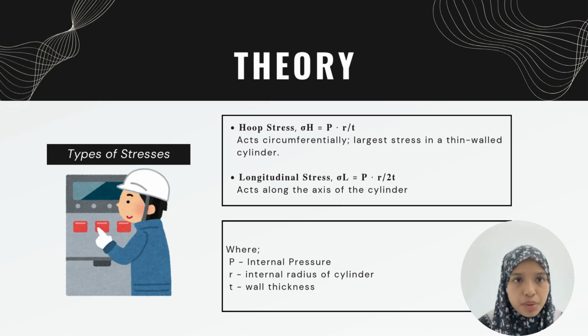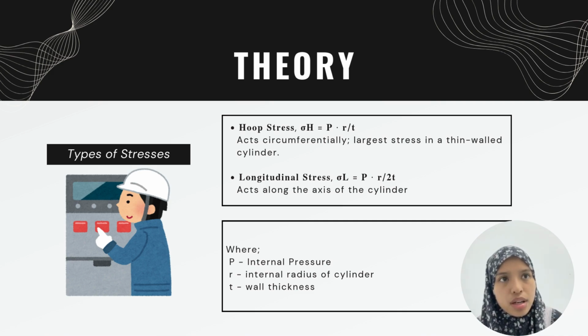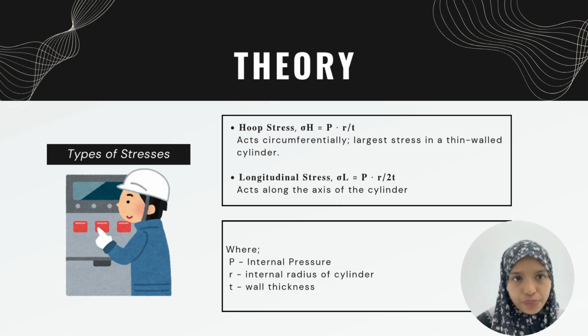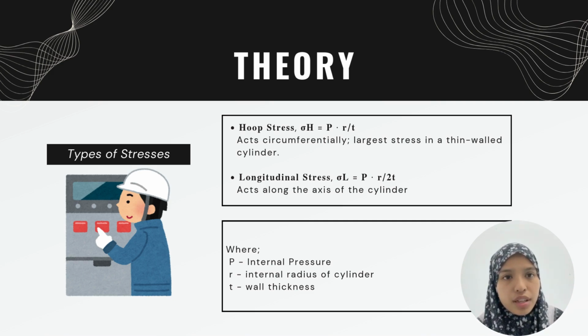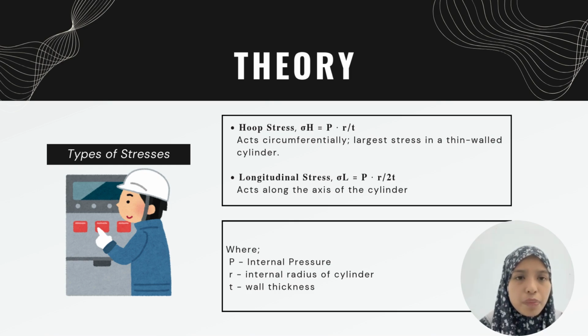For analysis purposes, it is assumed that the wall thickness is small compared to the diameter, with a ratio T/D less than 0.1. This enables the use of the plane stress assumption, where radial stress is considered negligible compared to hoop and longitudinal stress.